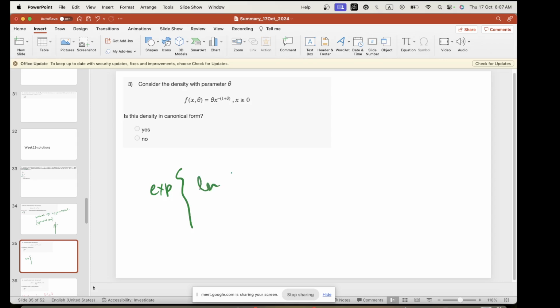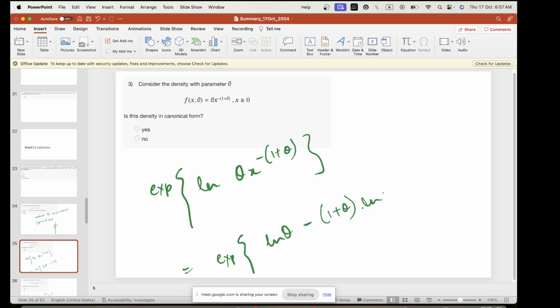So this would be ln theta x minus 1 plus theta. So this would be exponential of ln theta minus 1 plus theta into ln x. So then this would be exponential of ln theta minus ln x plus theta ln x.